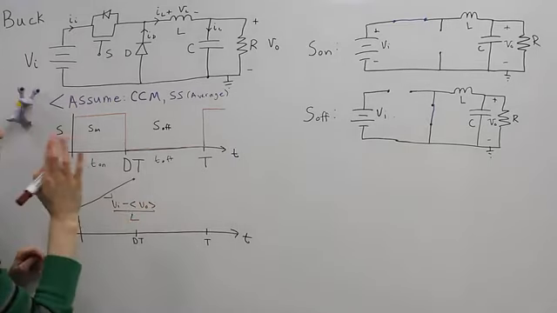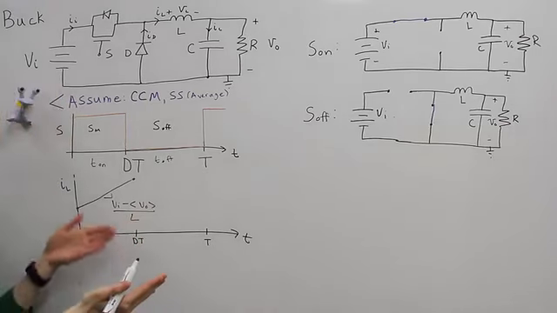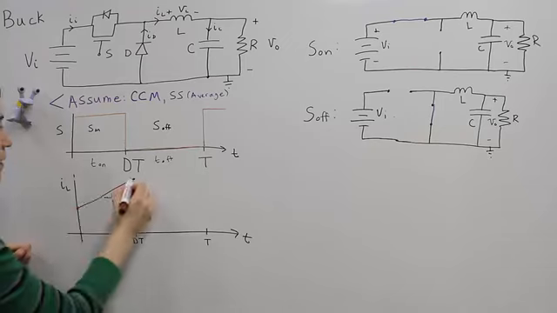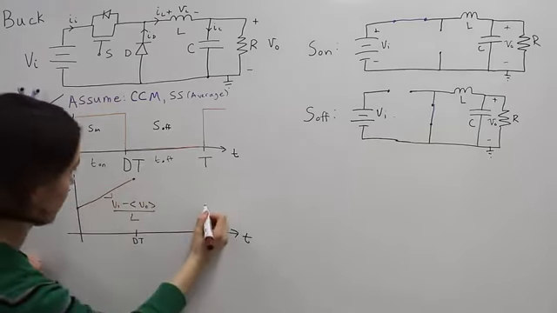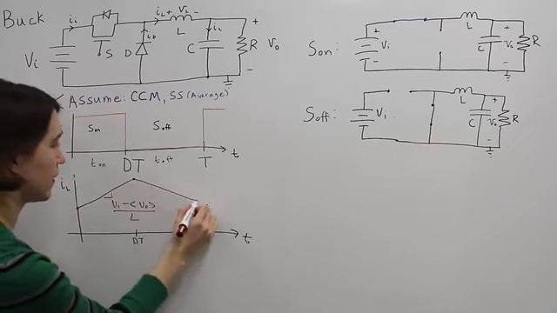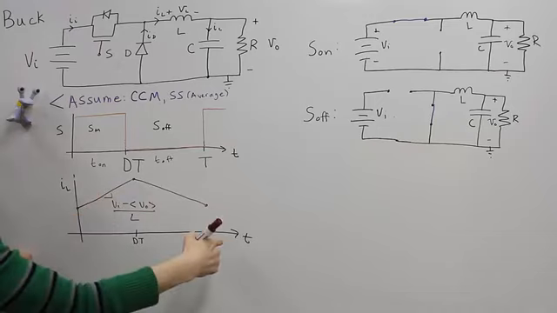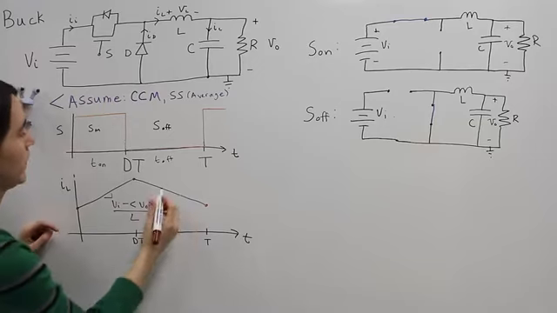And then because we assume it's in steady state, the average value must be the same. So over one period, we have to return to the same exact point. So we're going to approximate this here. That means that this curve will go down like this, and this point and this point have to be the exact same point.